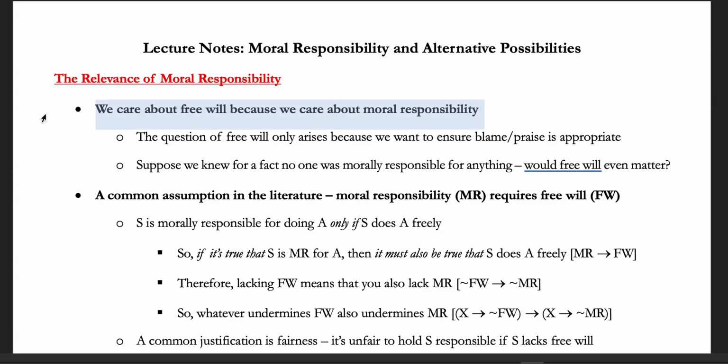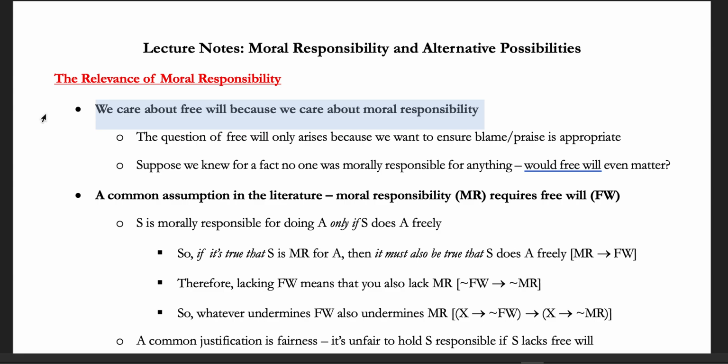So it seems plausible that we care about free will mostly because we care about being morally responsible. So this question of whether our actions can be free really seems to only arise because we care about whether we should blame people or praise them. And mostly, again, it gets talked about in terms of blame, wrongdoing.